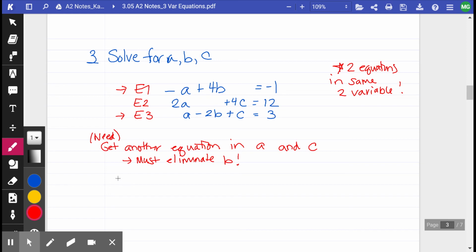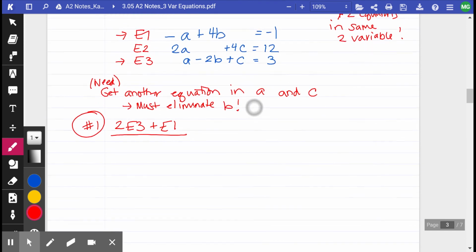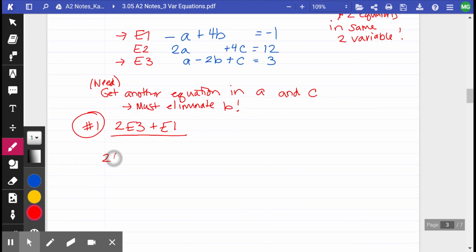So let's take 2 times equation 3, they already have opposite signs, and add it to equation 1 for step number 1. All right, so 2 times A minus 2B plus C equals 3. That gives me 2A minus 4B plus 2C equals 6.